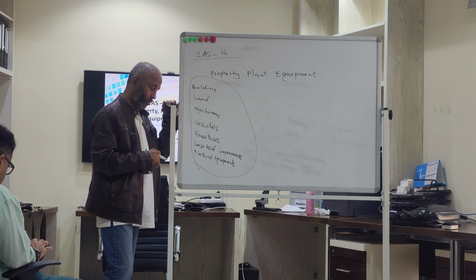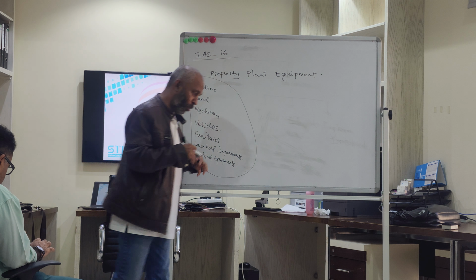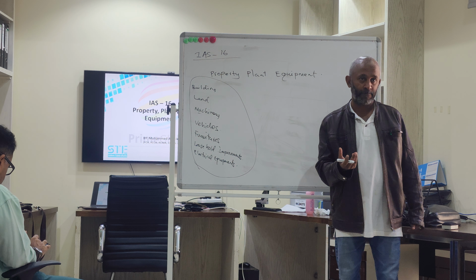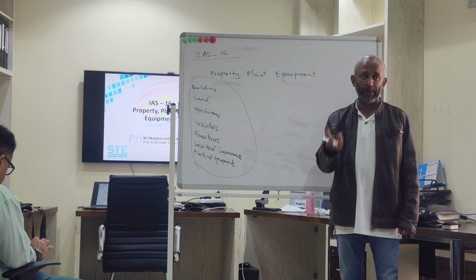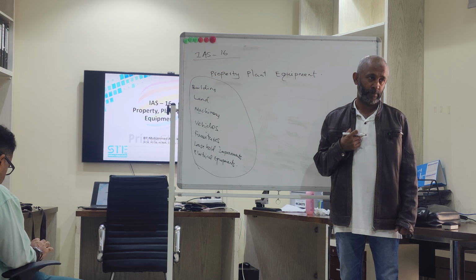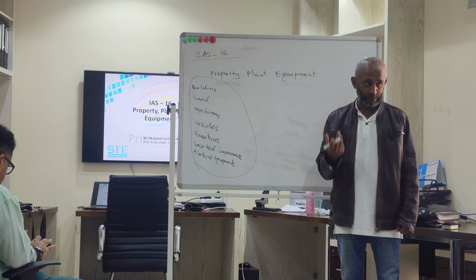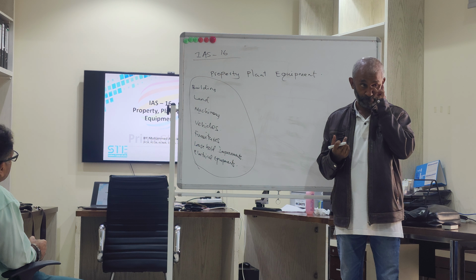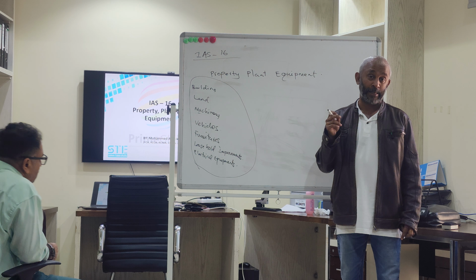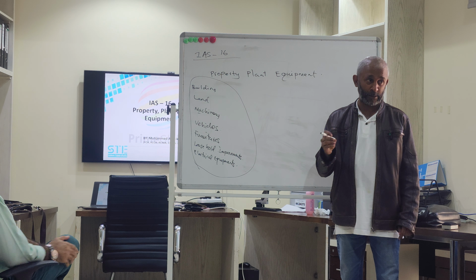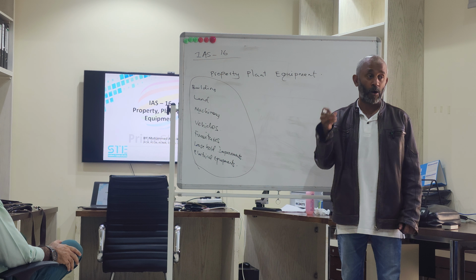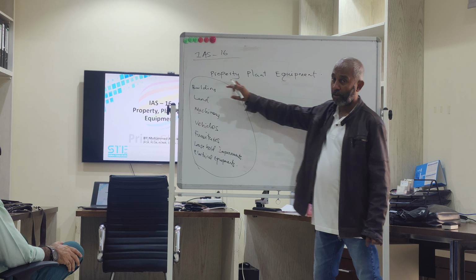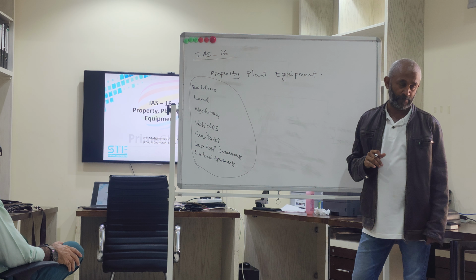Fine. Now, how do I define, how do I recognize this property, plant and equipment in my books? How can I claim that this is part of my asset or my property, plant and equipment? Or whatever payments or expenses that I incurred, how do I bring them inside the heading of property, plant and equipment?